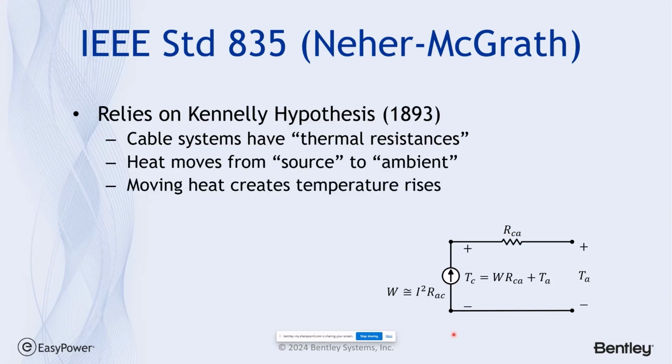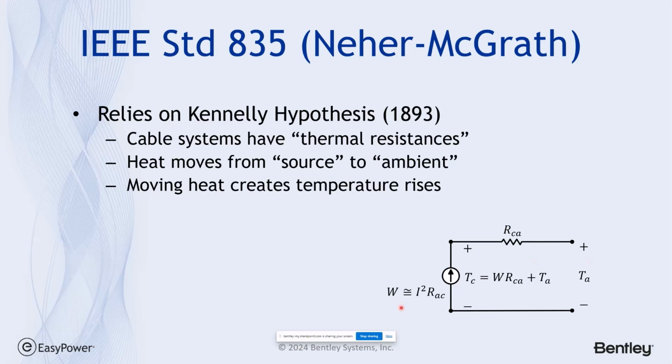What happens is that the flow of heat generated in circuit W, which is analogous to electrical current in some ways, will propagate through an equivalent thermal resistance here, RCA, and then be dumped into the ambient environment here.